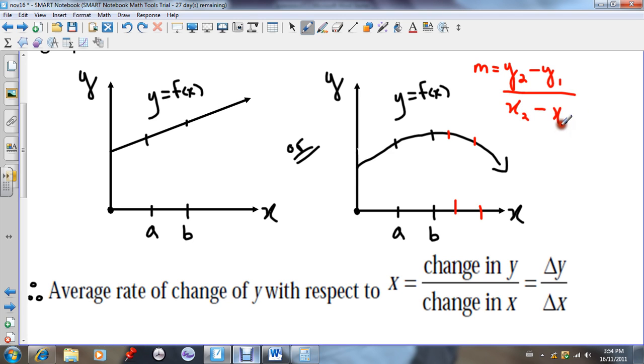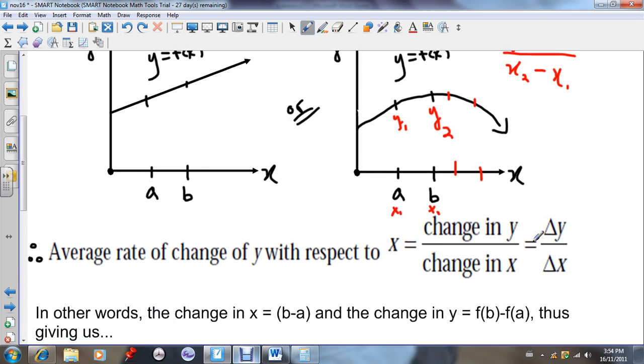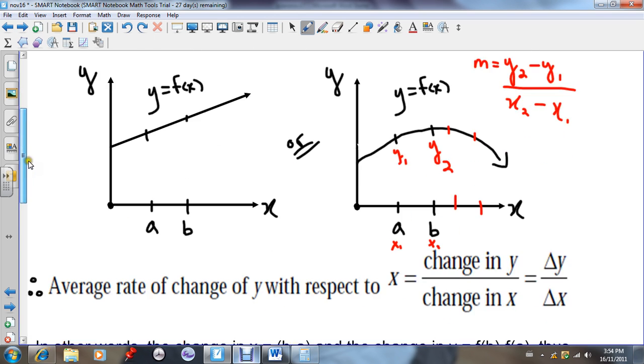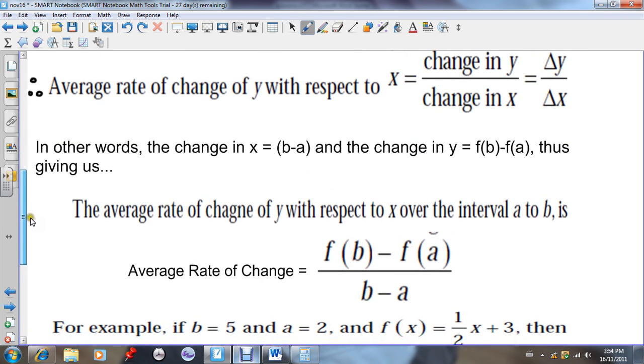subtract x1. Well, ladies and gentlemen, this is really the same thing. You could say that's your x1, that's your x2. This here becomes your y1. This here becomes your y2. So a fancy way of writing your slope formula, change in y over the change in x, will become this down right here.